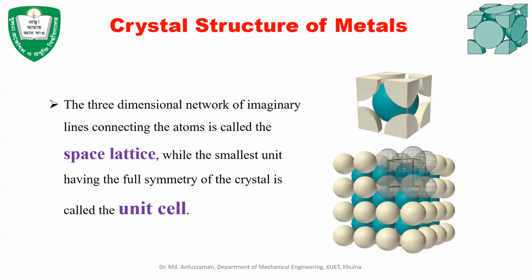If from a crystal lattice you take a certain portion which, if you repeat it in all the directions, gives you the space lattice, that is called the unit cell, and that unit cell contains all the properties that the space lattice might show. That is why we need to study the unit cells. If you repeat a unit cell in all the directions, you will get the space lattice.